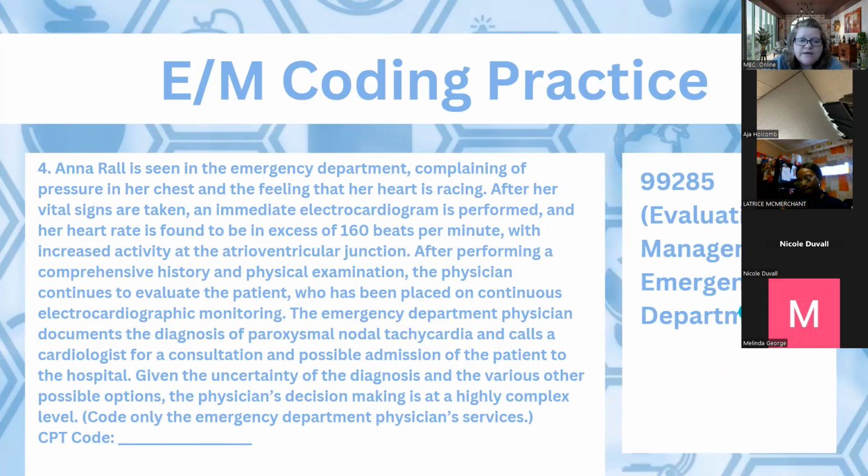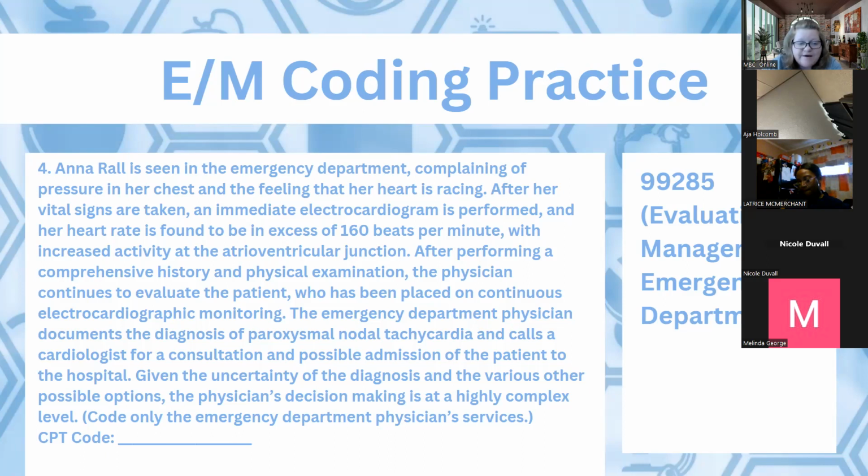Anna Rawl is seen in the emergency department complaining of a pressure in her chest, feeling that her heart is racing. After her vital signs are taken, an immediate electrocardiogram is performed, and her heart rate is found to be in excess of 160 beats per minute, with increased activity at the atrioventricular junction.